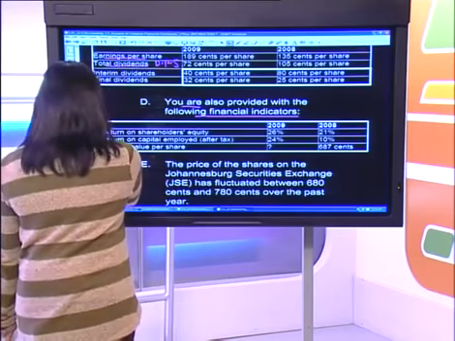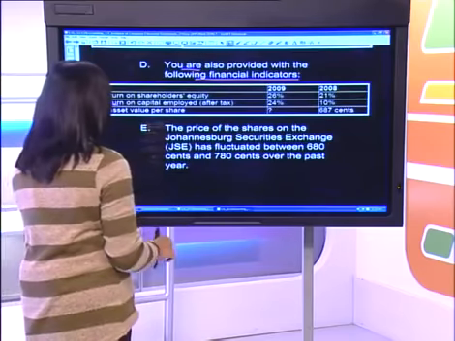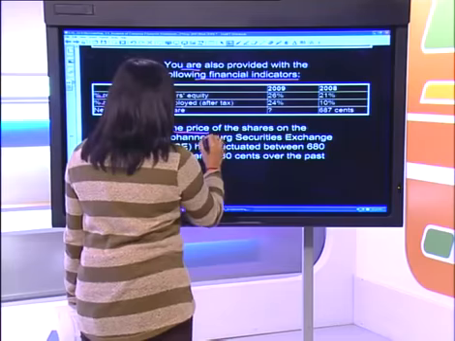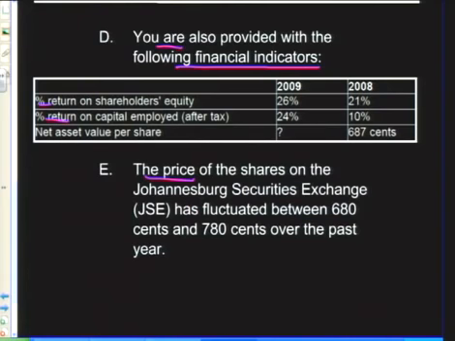Then there's a last bit of information, which I'm going to read. The price of the shares on the Johannesburg Securities Exchange, or the JSE, has fluctuated, meaning it's going up and down, between 680 cents and 780 cents over the past year.